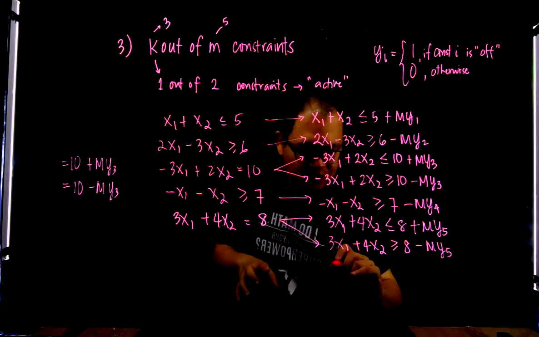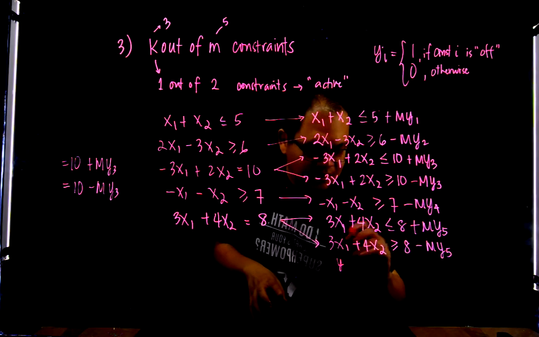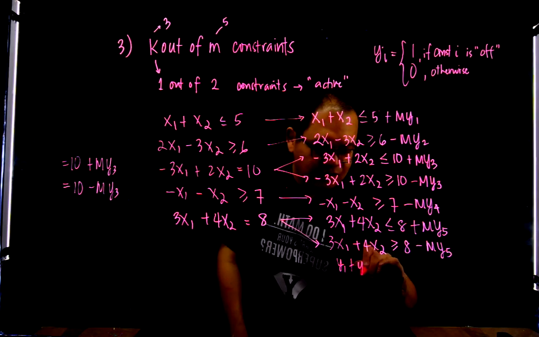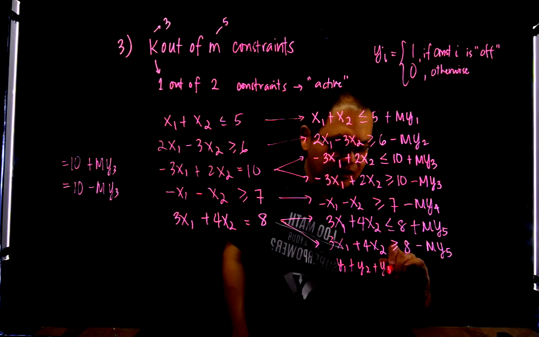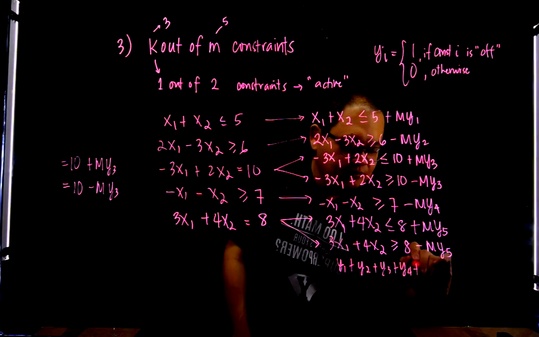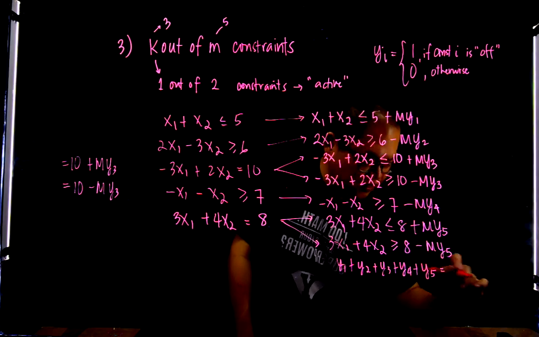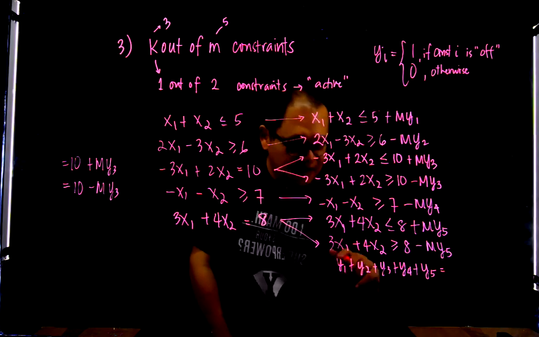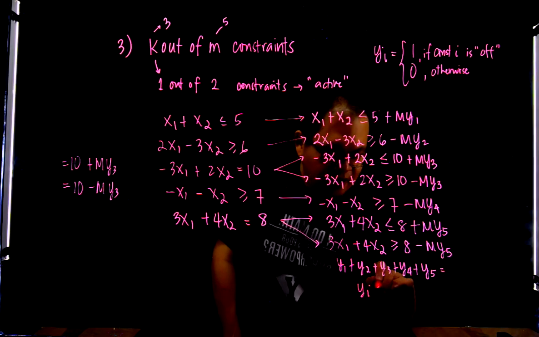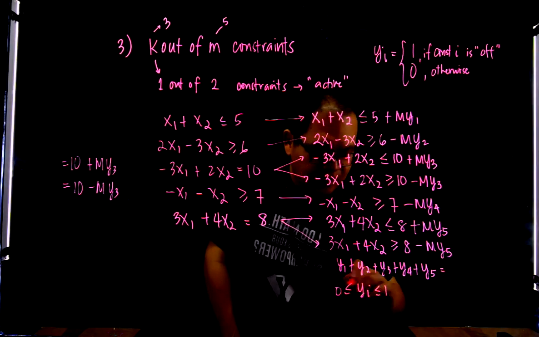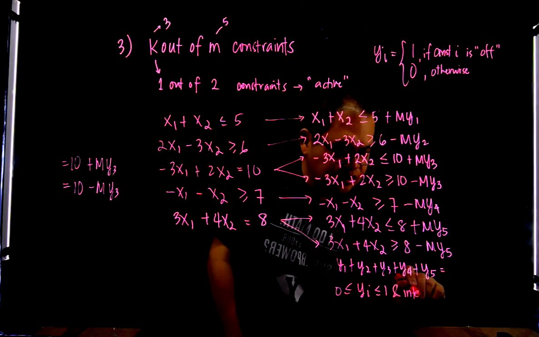And then, what we have are your other constraints. y1 plus y2 plus y3 plus y4 plus y5 equals something. We will discuss this. And then you have your y sub i between 1 and 0 and integer.